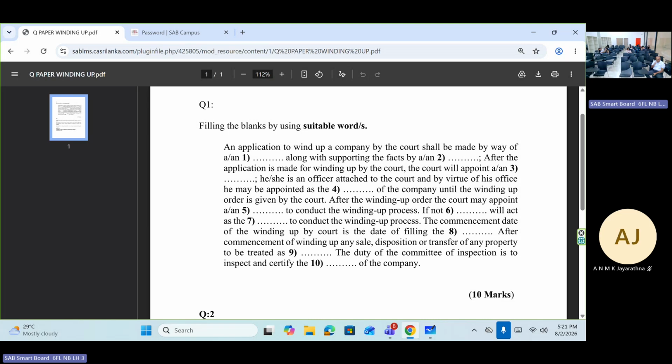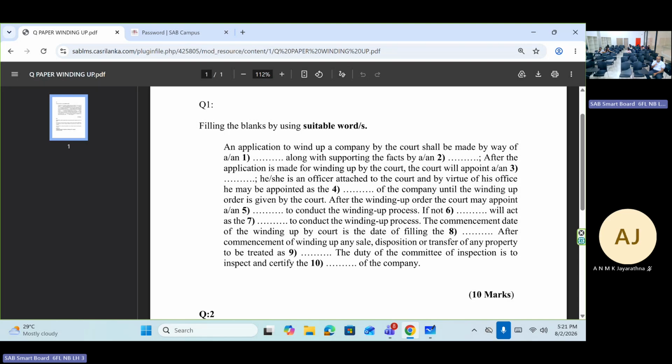After the application is made for winding up by the court, the court will appoint an official receiver. Number 3, official receiver. He is an officer attached to the court. And by virtue of his office, he may be appointed as the provisional liquidator of the company until the winding up order is given by the court.